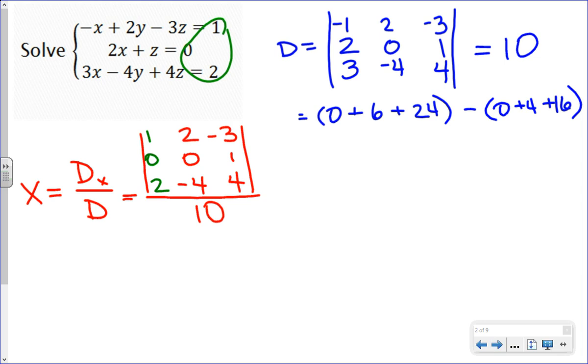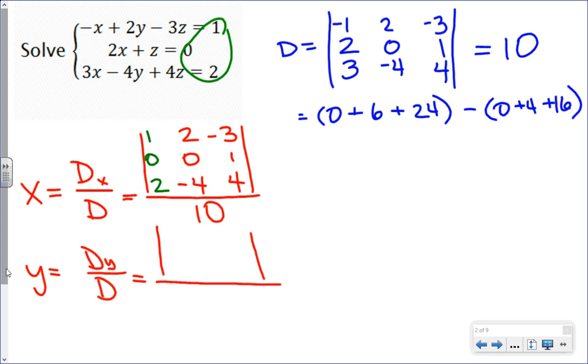For y, we're going to take d sub y over d. That means the matrix in our numerator takes the constants 1, 0, 2 as our y column since we're solving for y. Our x column remains negative 1, 2, 3, and our z column remains negative 3, 1, 4.